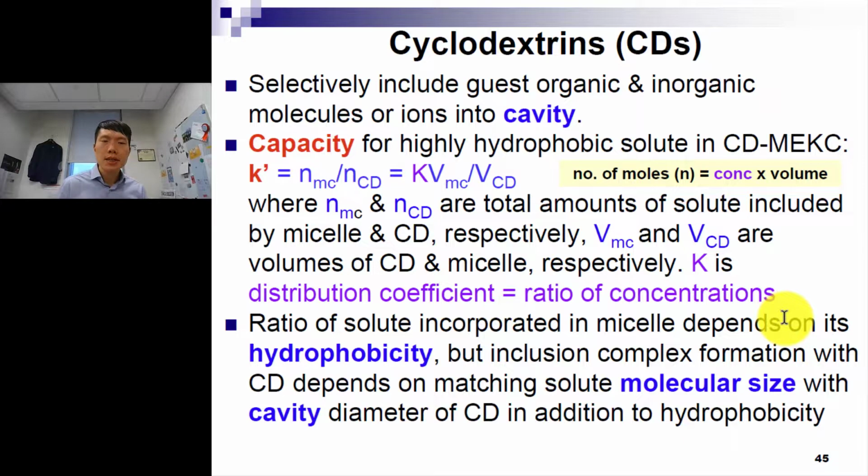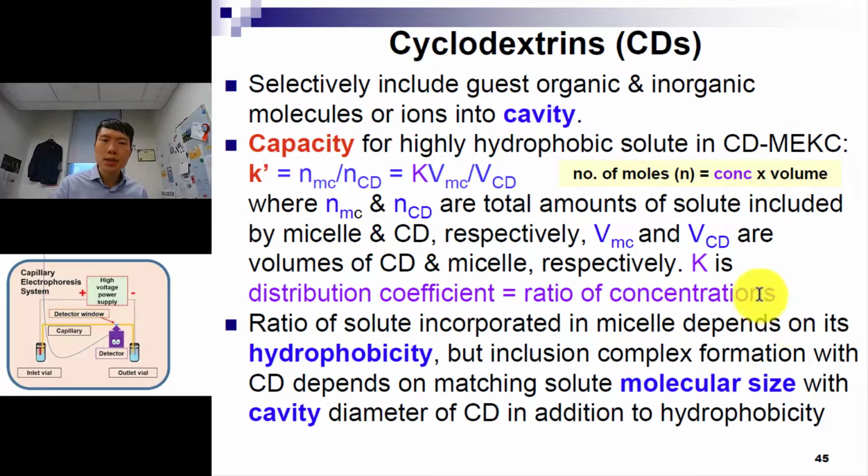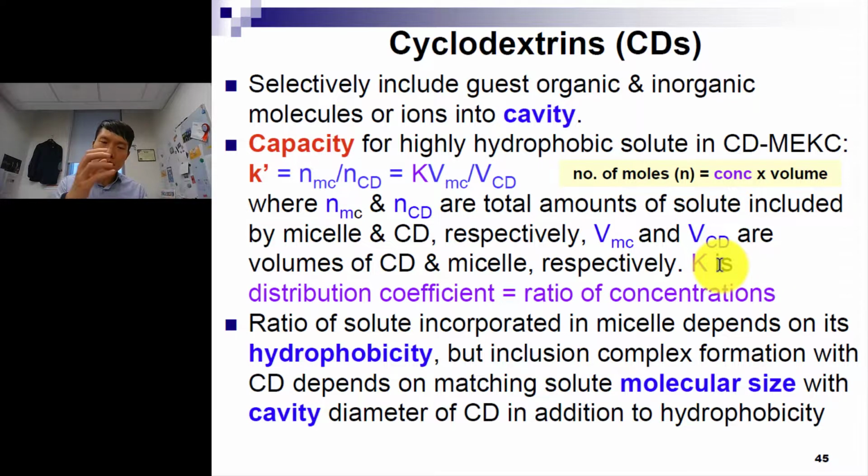So CDs, we use them because of the good selectivity in host-guest chemistry for organic and inorganic molecules, to trap ions into the cavity, or trap other particles. They have this capacity for very highly hydrophobic solutes because, as we mentioned, the internal part is really hydrophobic. We introduced this term called K prime, a kind of retention factor, the ratio between the number of moles of your analyte over that of the cyclodextrin.